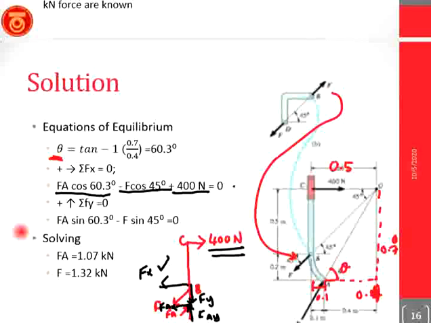This is the first equation, and this is the second equation for Fy: FA sin 60.3, and for F it is negative, minus Fy equal to 0. Solving, you will get the force at A is 1.07 kilonewton, and we can also solve to get F here. Okay, this is the example for two- and three-force members.